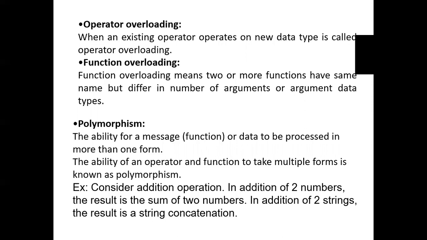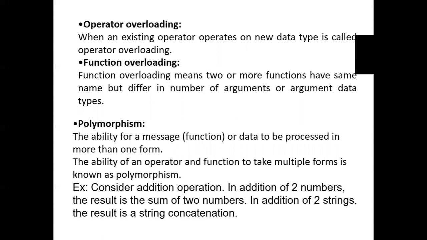Data, behaviors or functions in more than one form, or an operator may function in more than one form, depending on the context. The ability of an operator or a function to take multiple forms is known as polymorphism. For example, consider the addition of two numbers.